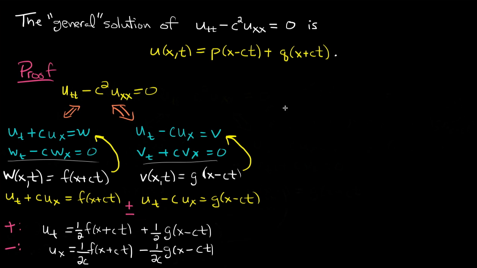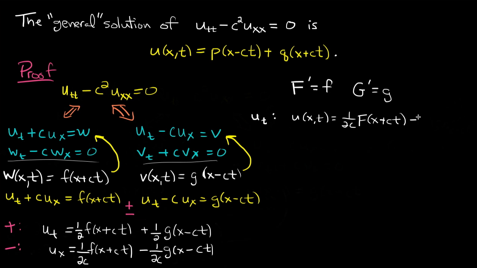So let's do that. We need antiderivatives of f and g, so let's choose a capital F such that capital F prime is equal to little f, and a capital G such that capital G prime is equal to little g. Then it's not hard to check that the ut integration would give me a function u of xt, which is 1 over 2c, capital F of x plus ct, minus 1 over 2c, capital G of x minus ct.